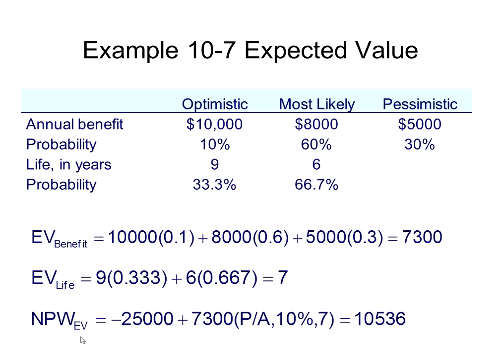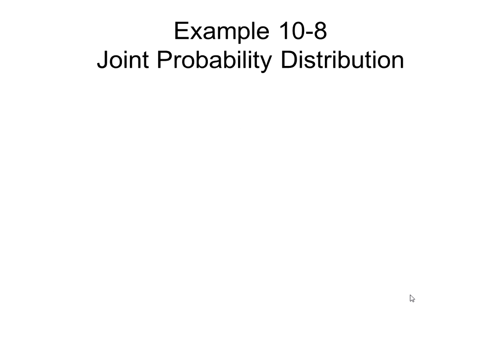So for the net present worth of expected values, this is our initial cost, 25,000. In this example, we have a 10% interest rate, and then we're using this expected value of benefit here, and using the 7 as the expected value of life, we're going to get this much as the net present worth of expected values.